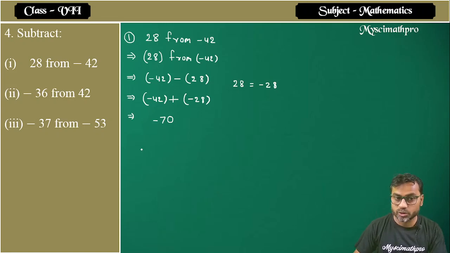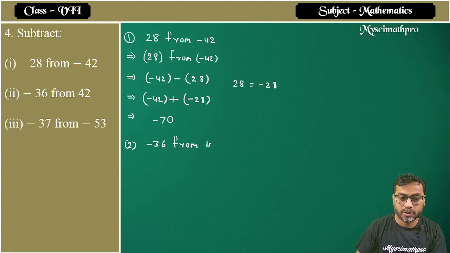Let's solve one more question, question number 2, and we will follow the same method, students. So the question is minus 36 from 42.